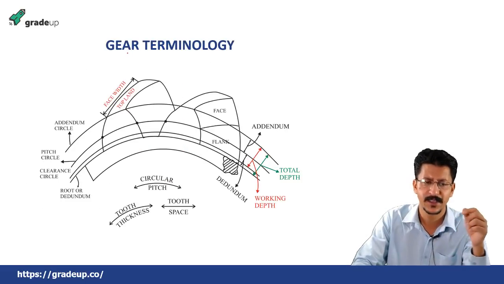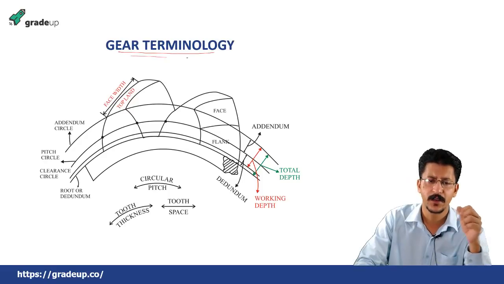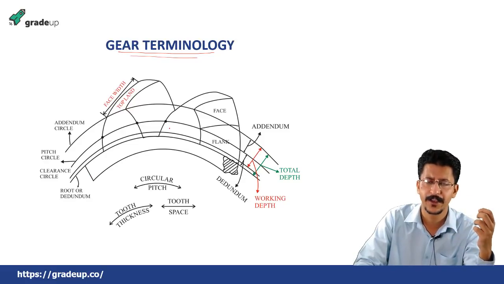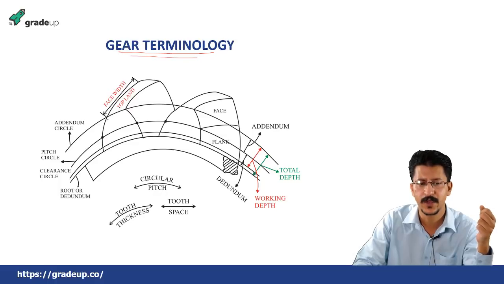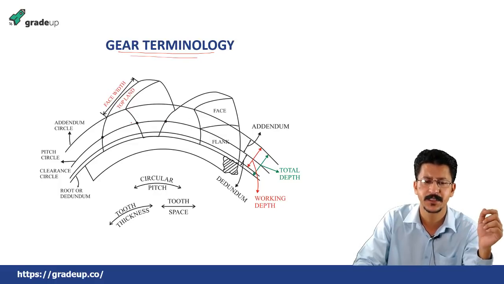Next, we see some of the important gear terminologies, okay. This is the general figure of a gear. Let me tell you what are all the things that have been written one by one, okay. You can clearly see this kind of gear. The two gear teeth have been shown.